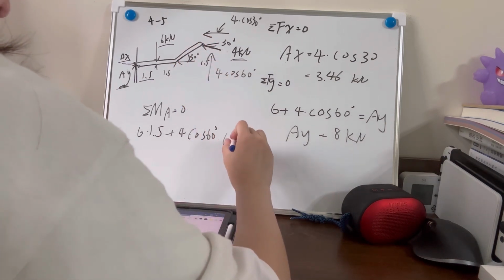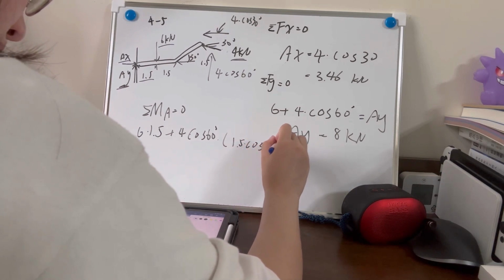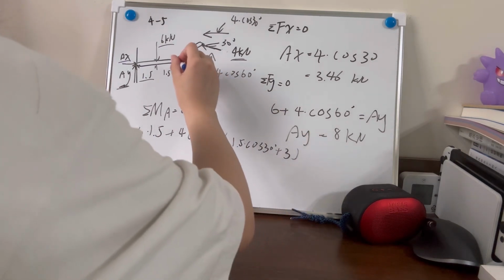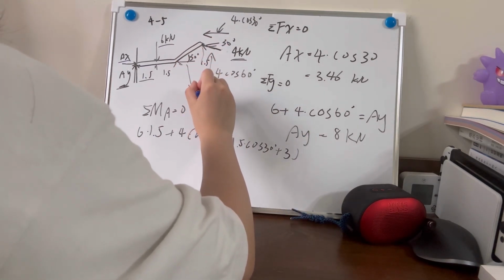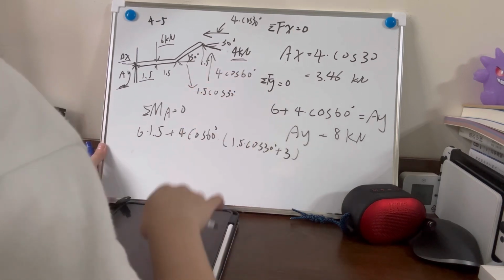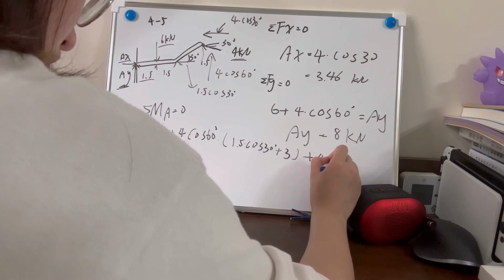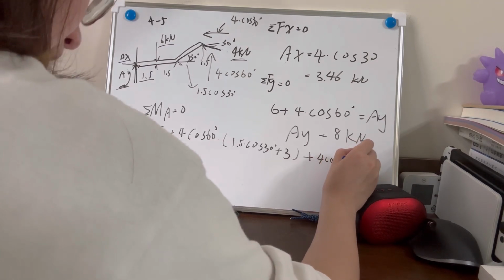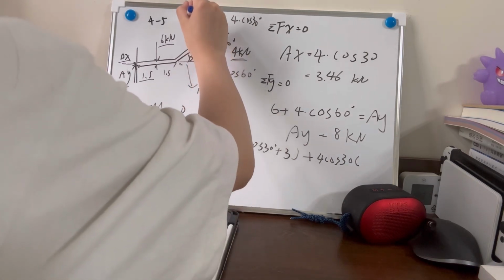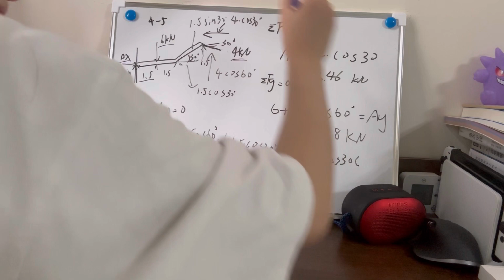The distance is also 1.5 times cosine 30 plus 3, because this force here is cosine 30 plus 3 plus 4 cosine 30, and the distance is here, sine 30.